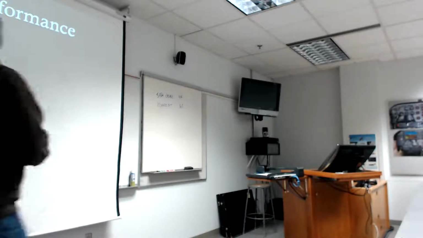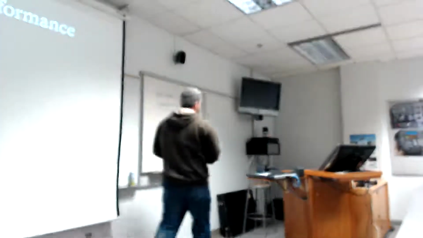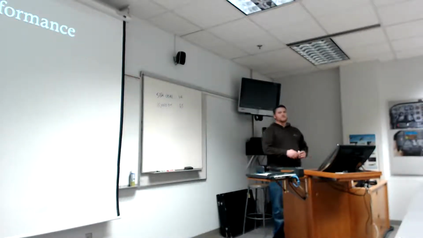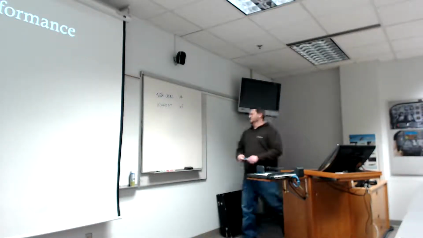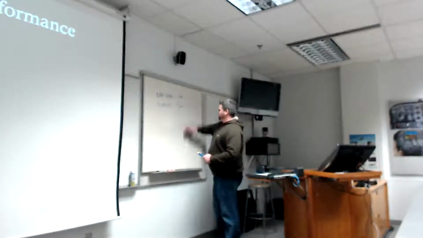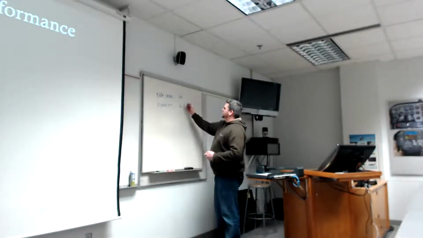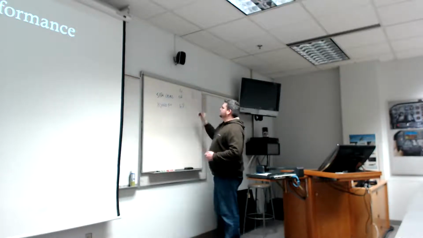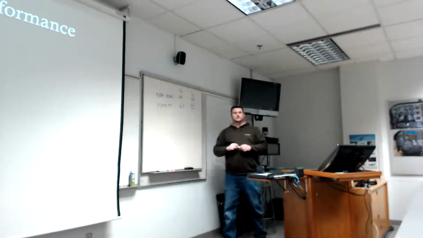What is best angle of climb at sea level? 62. What is best angle of climb at 10,000? 67. Oh, so close. Okay. What about best rate at sea level? 74. And best rate at 10,000? 72.